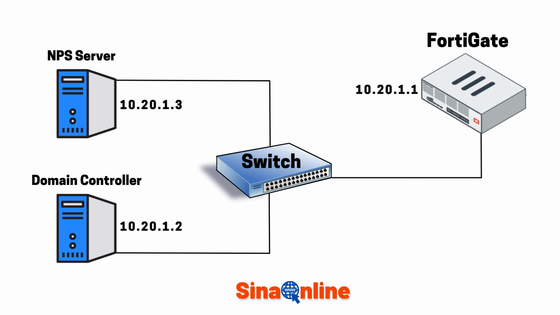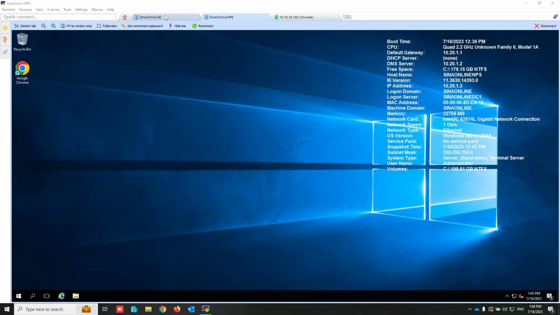Okay, let's start the configuration. This is the NPS server. This is the domain controller. Install the Network Policy and Access Services role on this server.